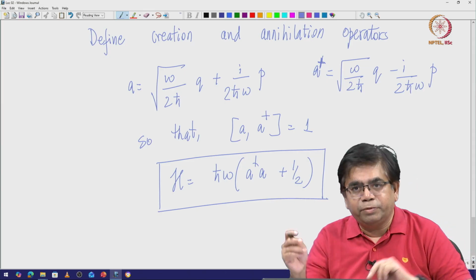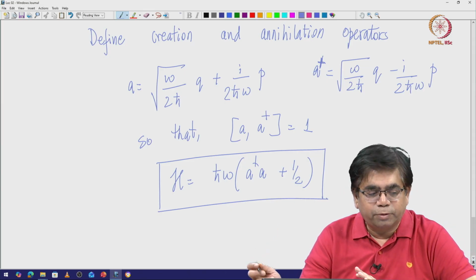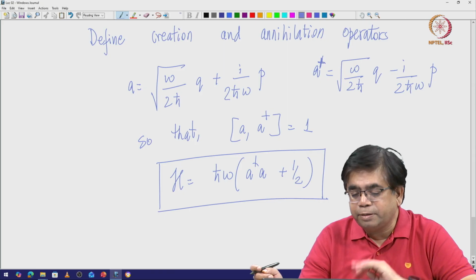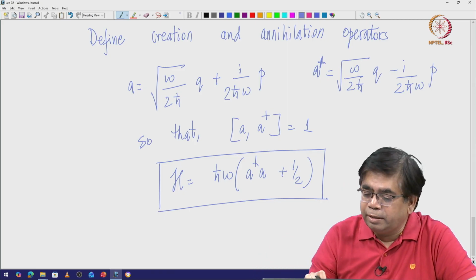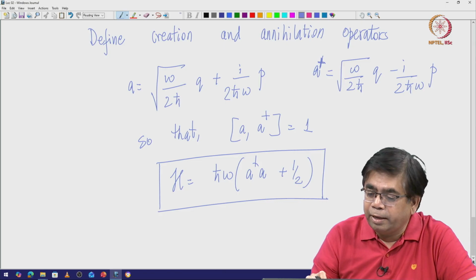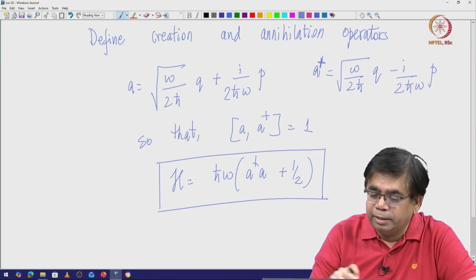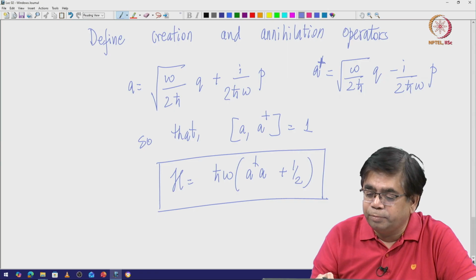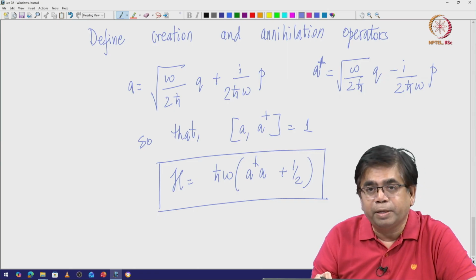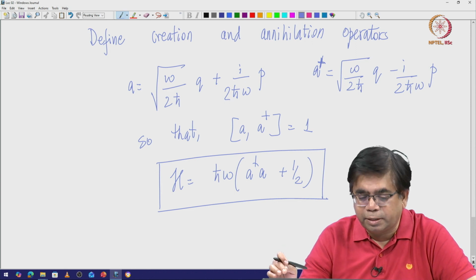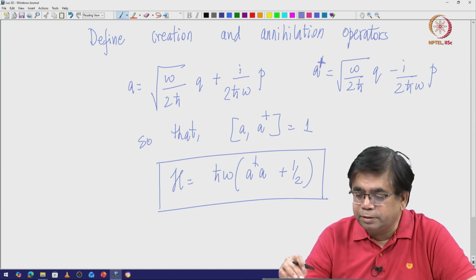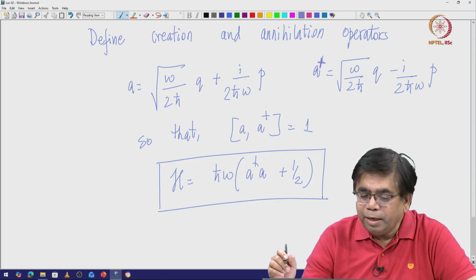This is all something which you have already seen in your quantum mechanics courses, but I am just revising it. You define the creation and annihilation operators such that the commutation of A and A dagger is equal to 1. Do you remember Q and P commutation is i h cross, whereas A and A dagger is equal to 1.